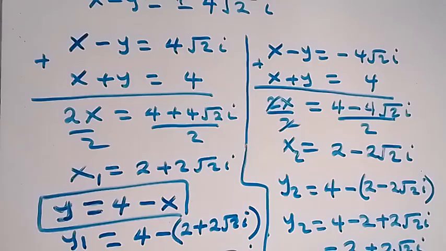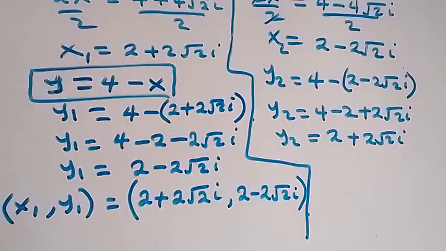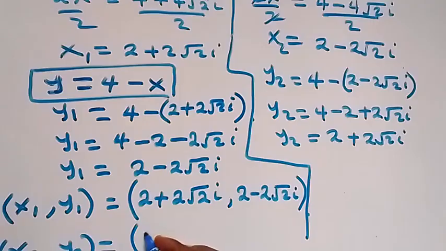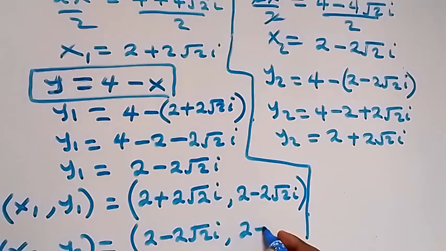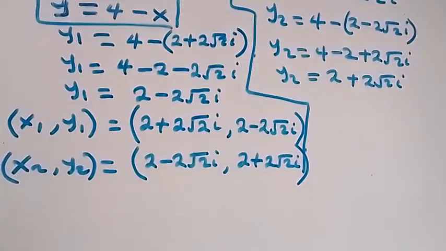So also we have the value of y2 here. And from here we can also say that the second set of solution, that is x2 comma y2 from here, will then be given as x2 will be 2 minus 2 root 2i, then y2, that's 2 plus 2 root 2i. So from here we have these two solutions as complex solution.